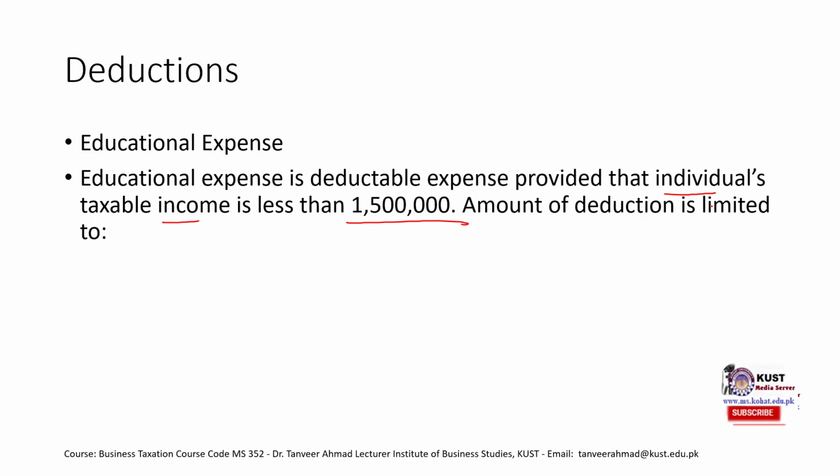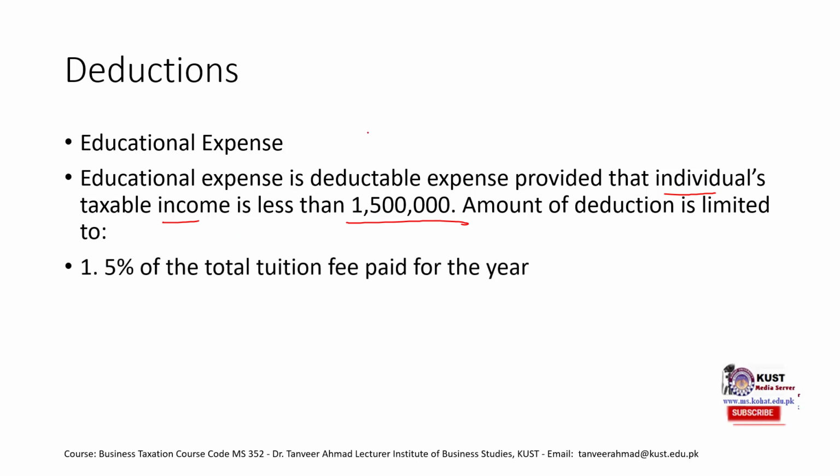Similarly, there was a limit in case of this markup, this interest, and there is a limit in case of educational expense, and the limit is first 5% of the total tuition fees paid during the year. So whatever tuition fees we paid during the year, we would calculate 5% of that amount. Let's just say we paid 1 lakh rupees as tuition fees. So 5% of that 1 lakh rupees would be 5,000.